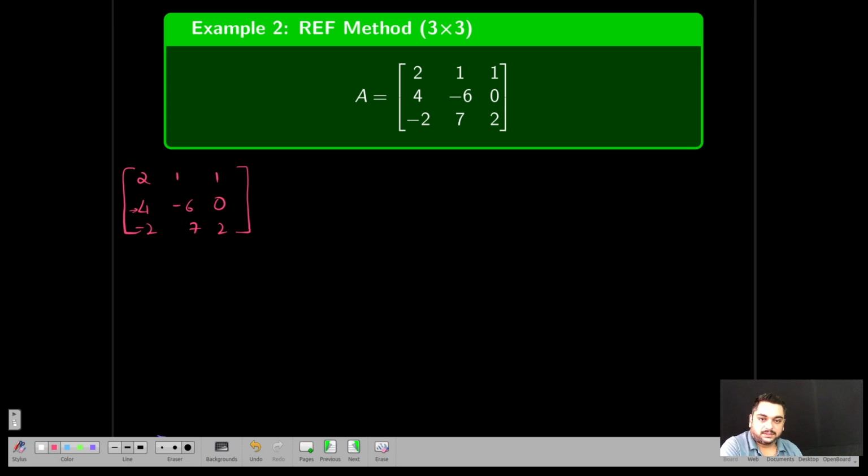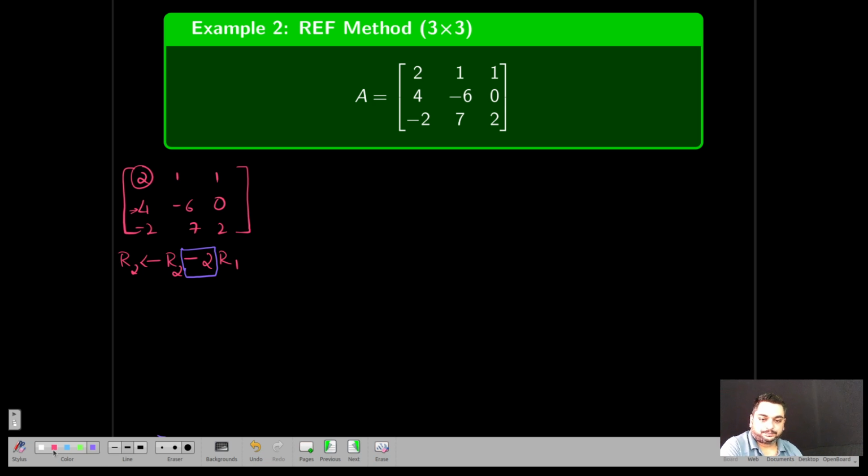If I want to make this the pivot element, and make this 0, so R2 is R2 minus 2 R1. The important thing here is this minus 2, because for the lower triangular matrix I will need this.